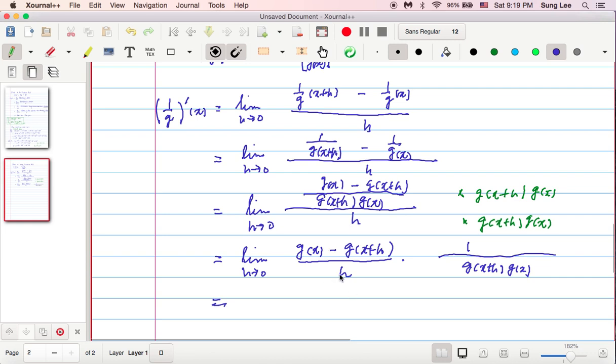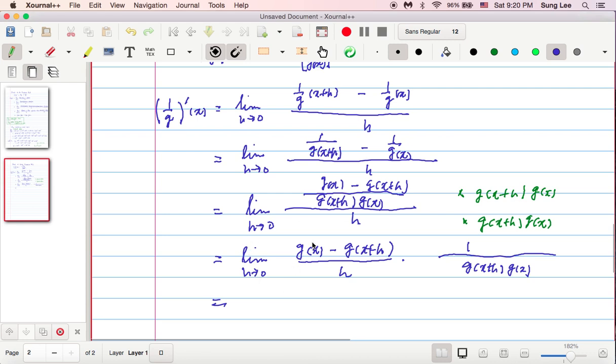Now the first one, when h goes to zero, you know that's g prime of x. The second part also has a limit as h goes to 0. G is differentiable, so g is continuous, as we talked about earlier. So when h goes to 0, the limit of g of x plus h is g of x by continuity. So we have g of x times g of x, squared.